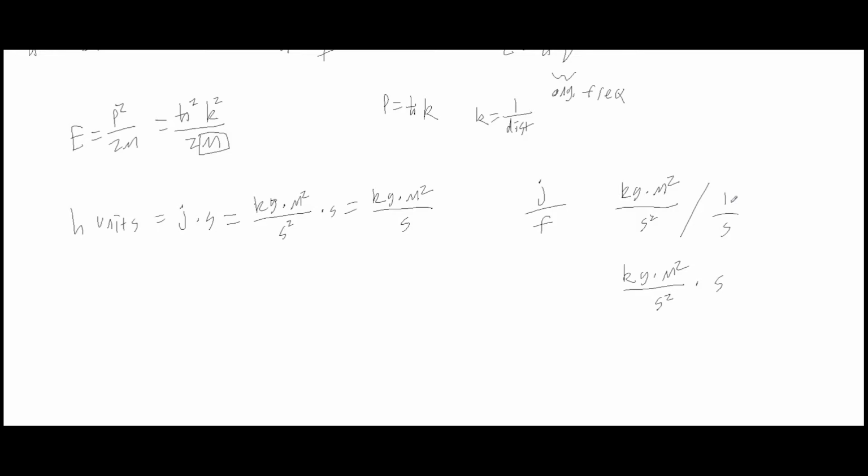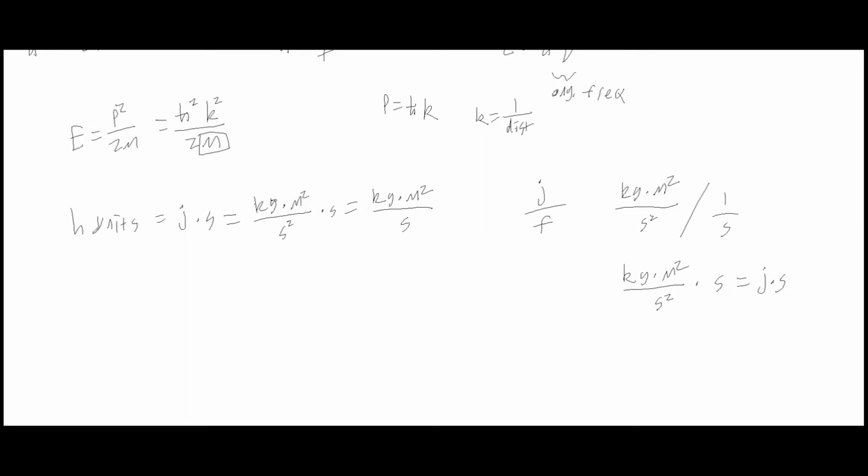So if you're dividing by something that's already a division, you just flip it and turn it into multiplication, and this gives us our joule seconds back. So we can see that that works when we have the joule over frequency here. That gives us our joule times seconds as units.